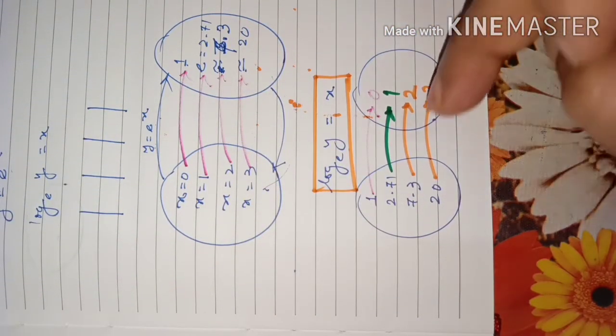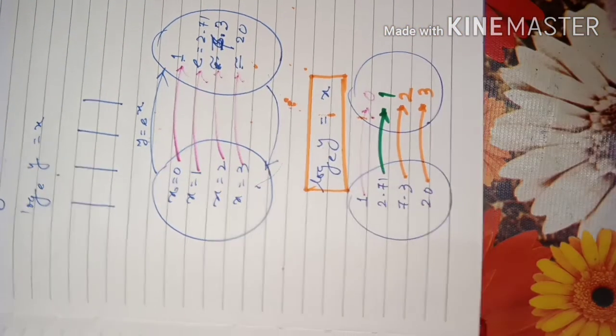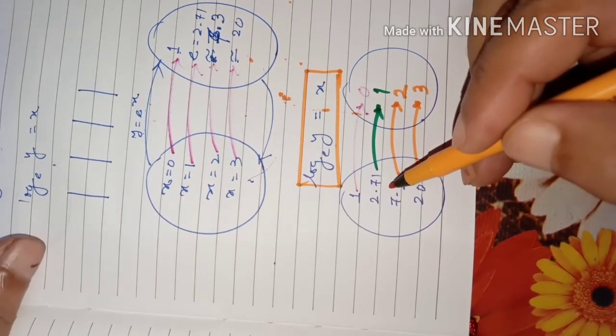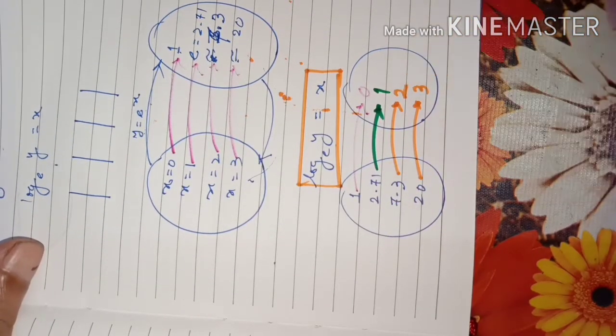Okay. Now if we draw its graph, how will be the graph? For 1 it is 0 again, just you see. For 2.71 it is 1. So let us draw its graph.